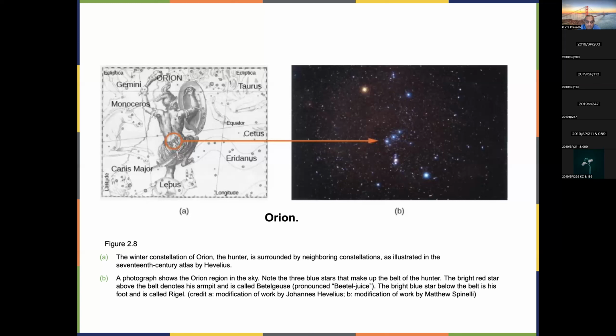Otherwise, there is no point of doing this astronomy course if you cannot identify anything on the sky, right? So remember that everything that you learn here, try to connect it through an observation. Just go outside and look at the sky, right? So that's why I asked you to look at the sky yesterday as well.